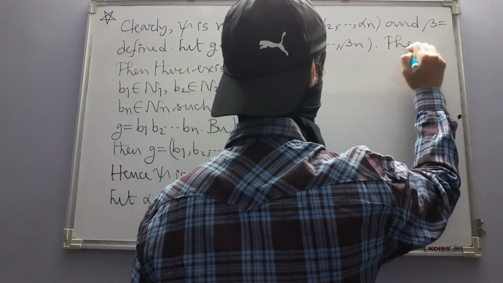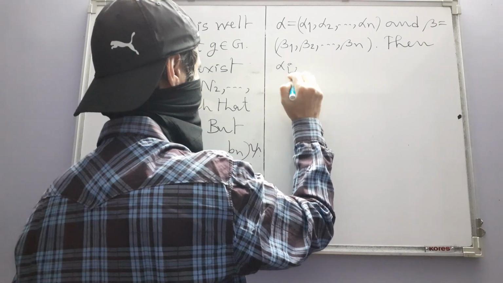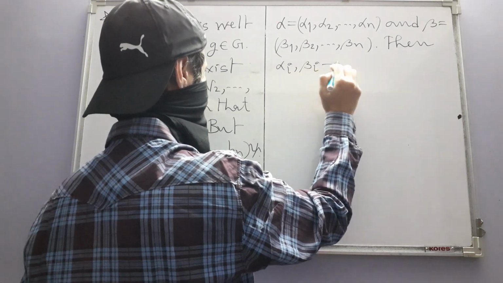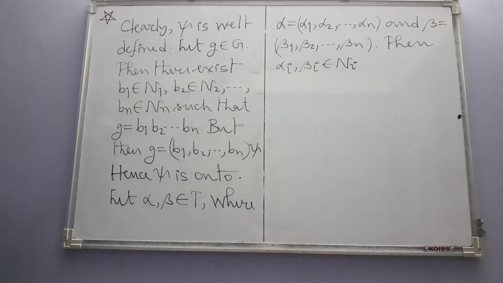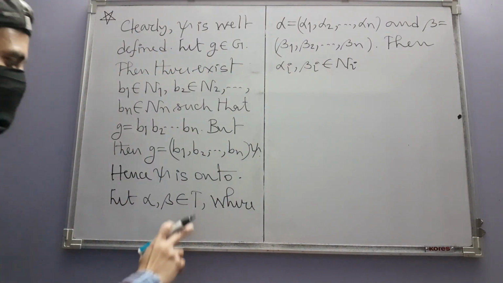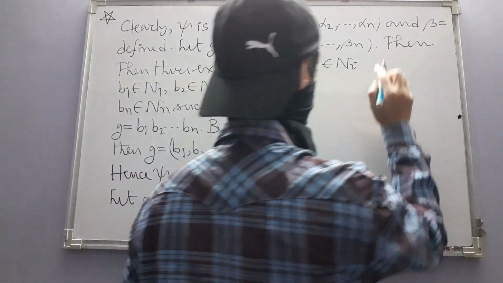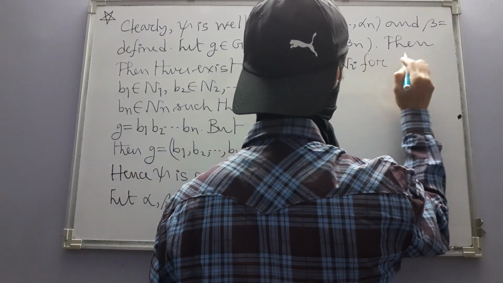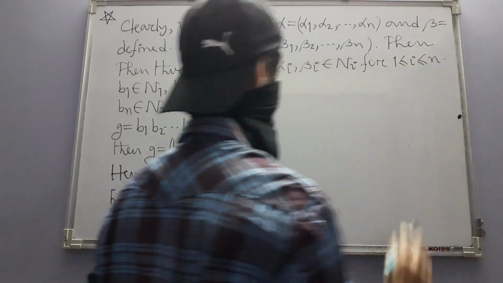Then alpha i and beta i belong to Ni, right? Because T is nothing but the Cartesian product of the Ni's, for such i's.